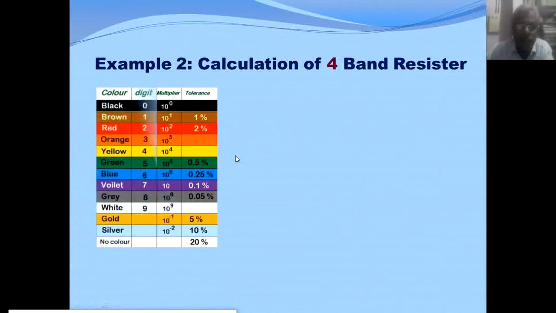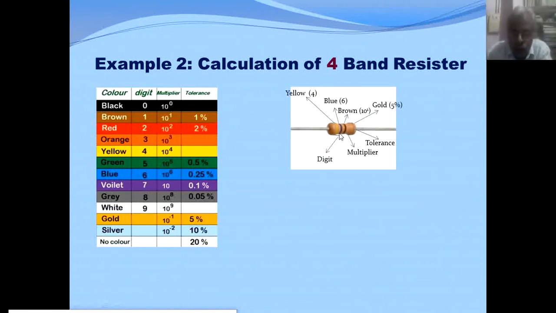I have taken another example to find the resistance of a 4-band resistor. Of course, the first two colors, yellow and blue, are used for digit, and this third color brown is used for multiplier, and the fourth color gold is used for tolerance.